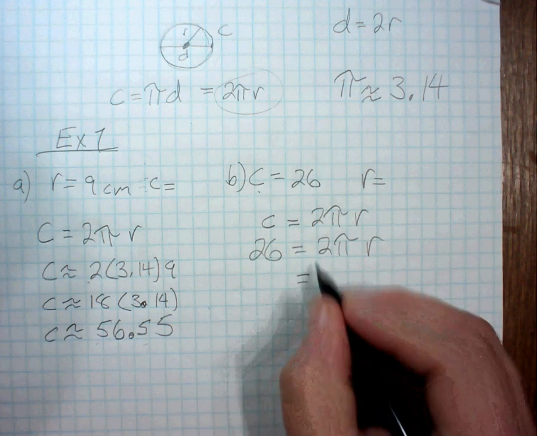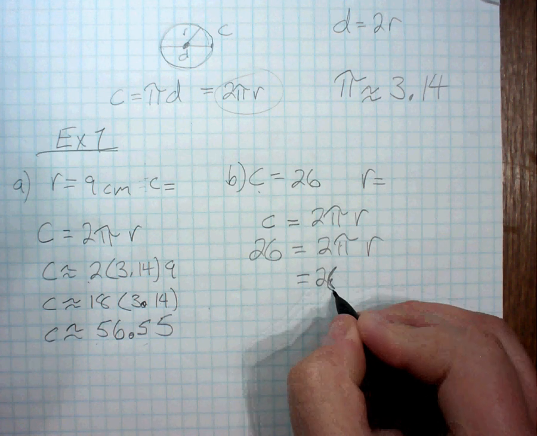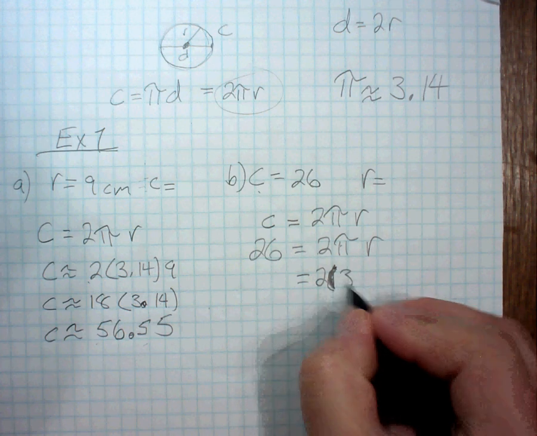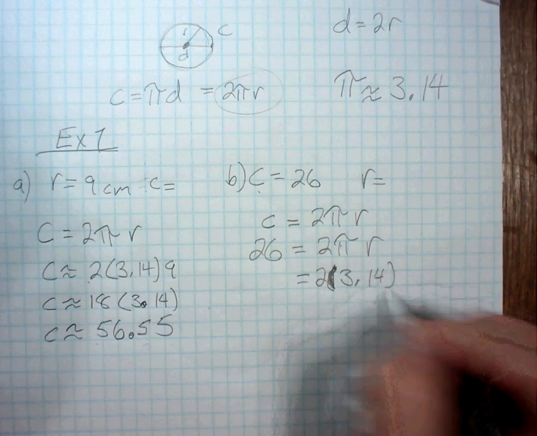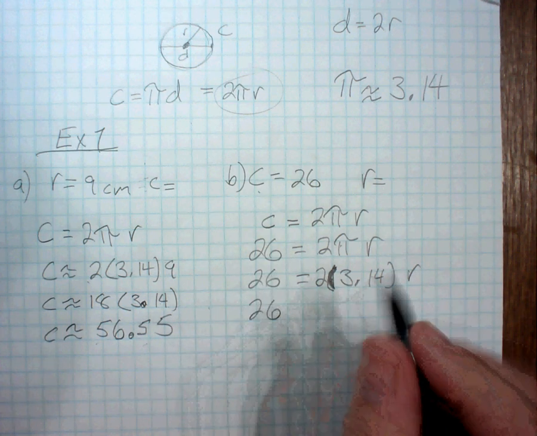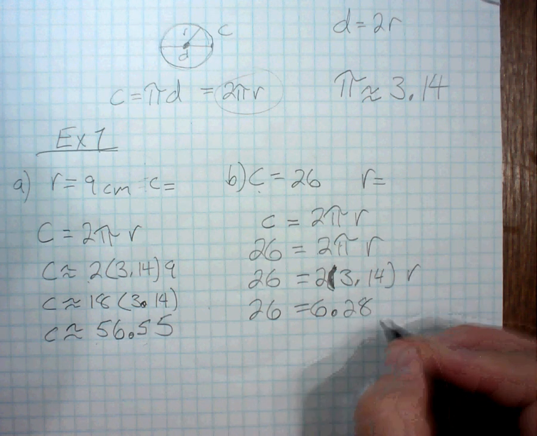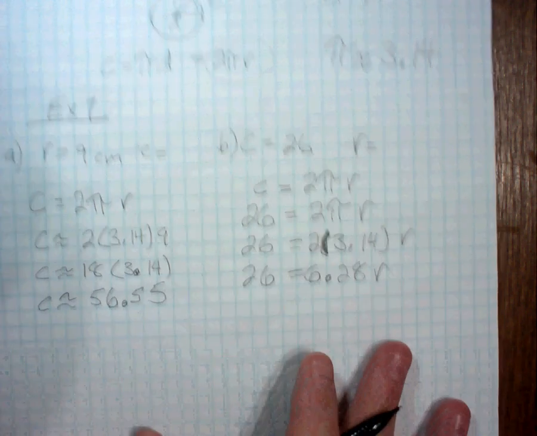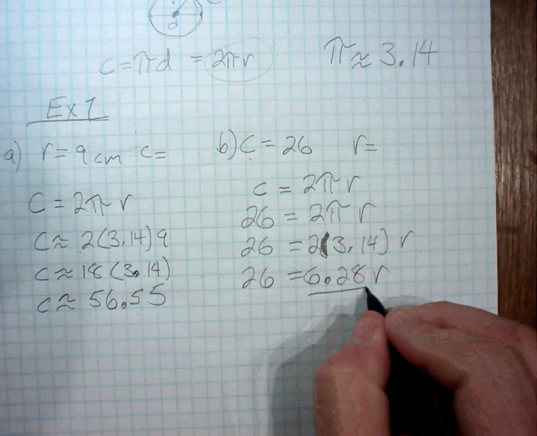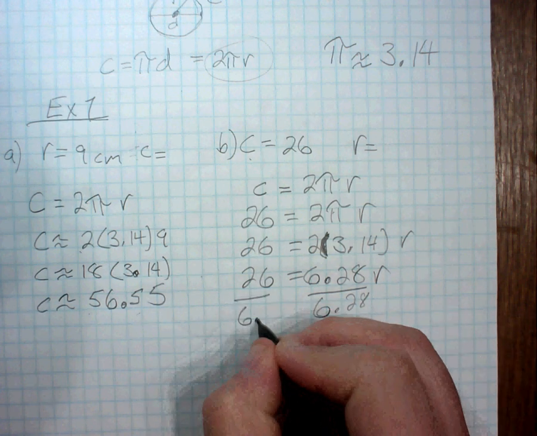Well, 2 times pi is equal to 6.28. 2 times 3.14 is 6.28. So then I'm going to divide by 6.28 on both sides.